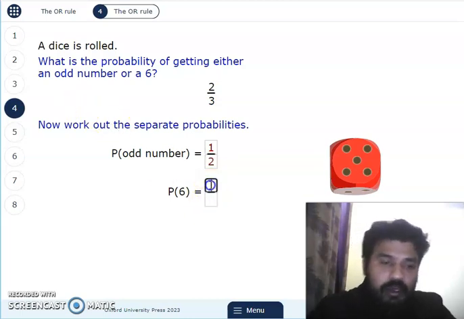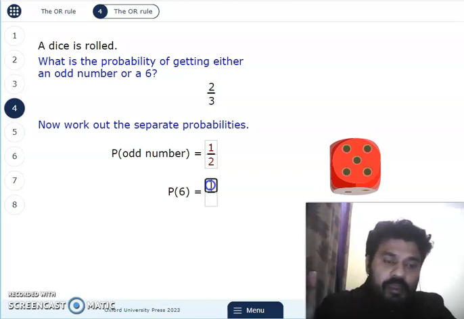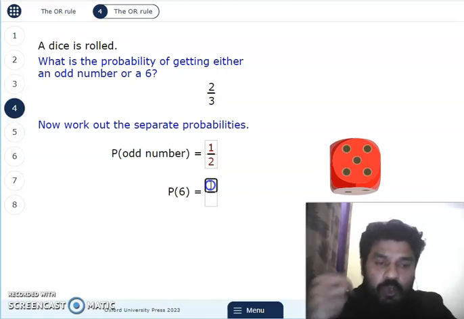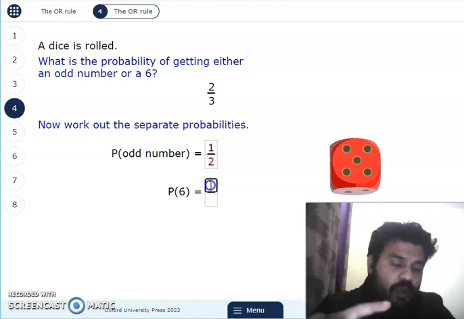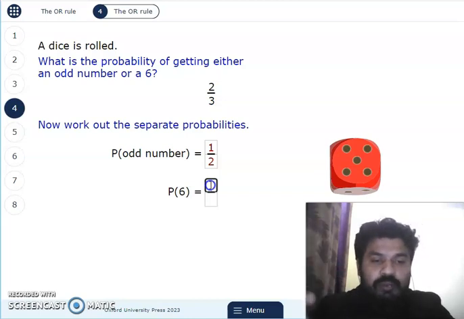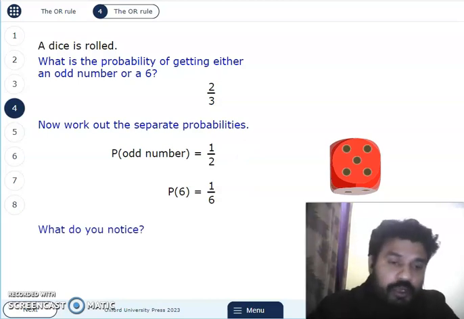Now getting a 6. We have only one 6 on a die. So the number of favourable outcomes is 1, and the total number of outcomes is 6. So I write 1 over here and 6. So what do you notice?